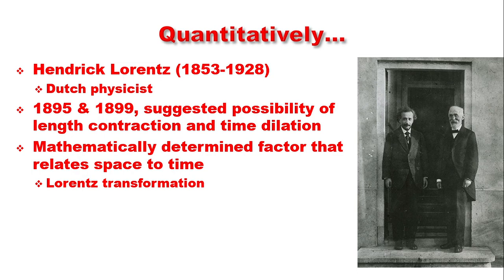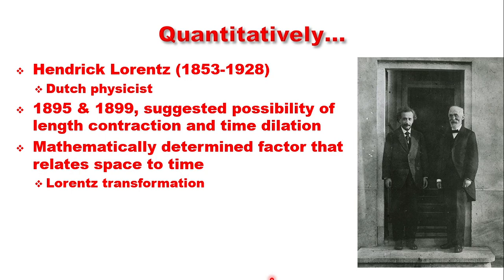very enjoyable. The mathematics of special relativity was actually developed in significant part by this Dutch physicist, a fellow by the name of Hendrik Lorentz, who had speculated even before Einstein about the possibility that space can contract and time can stretch out in dealing with these equations of electromagnetism.